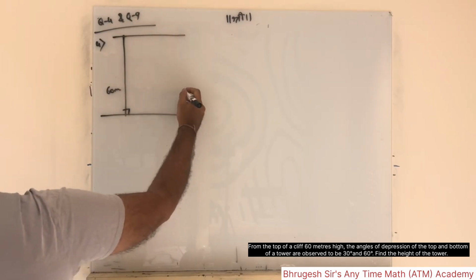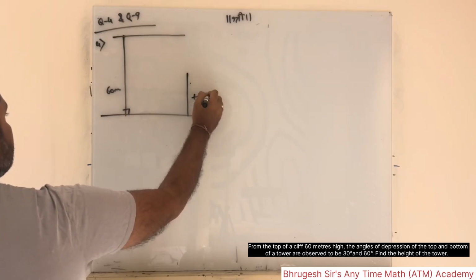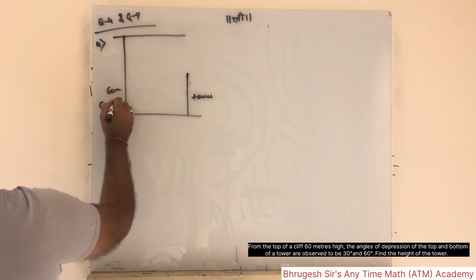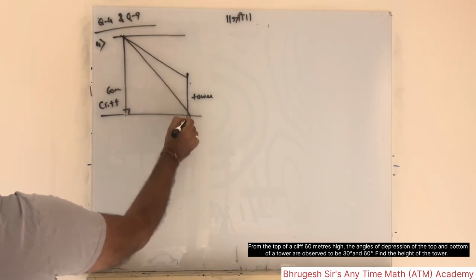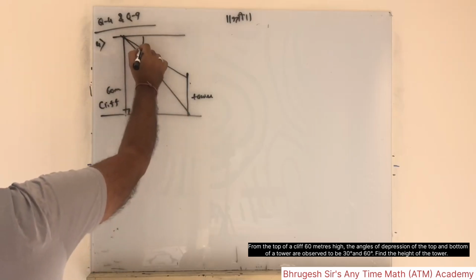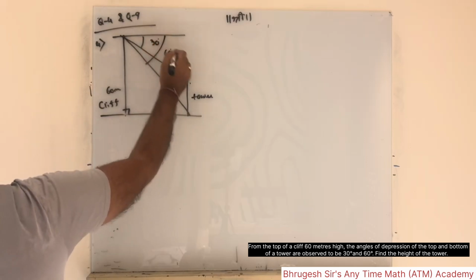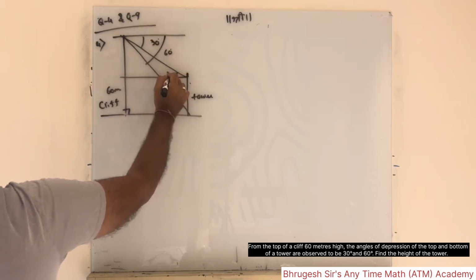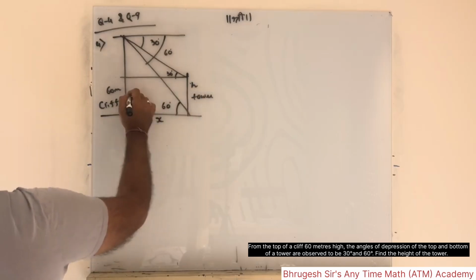The angle of depression of the top and the bottom of the tower, ये tower है बेटा, ये cliff है. The angles of depression to the top and the bottom of the tower are 30 degrees and 60 degrees respectively. Find the height of the tower.